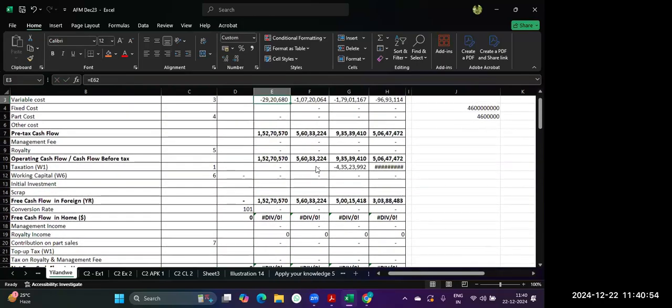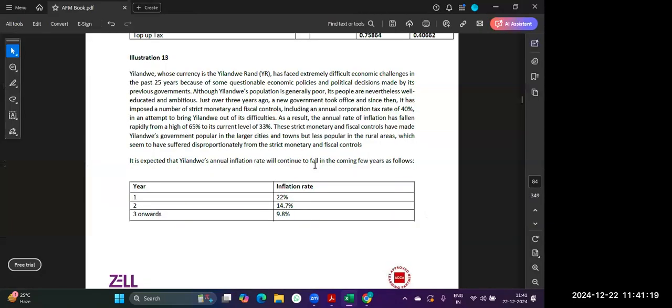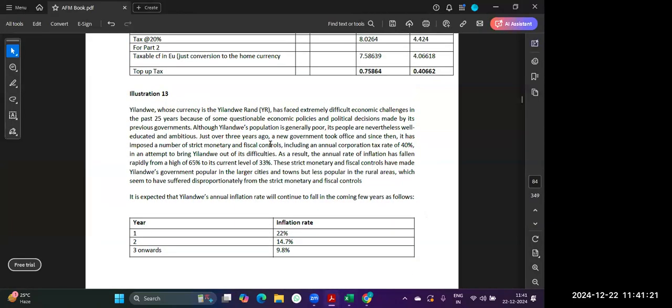So we have done with sales and we have done with variable cost. Let's go on to the fixed cost. Anything on the fixed cost? Can you be a little bit louder, please? 4,600 million. Where is it mentioned?